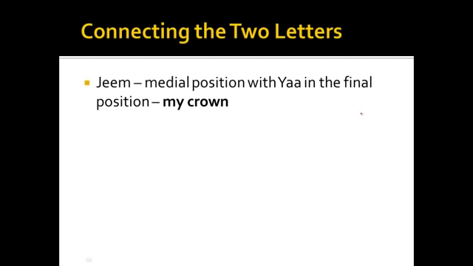So we have here, again, let's write, this is the independent, and we have here initial, and we have here medial, and we have here final. Okay, so the Jeem in the independent position looks like this.